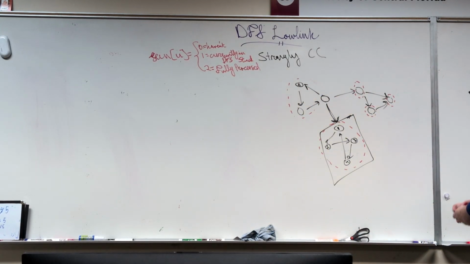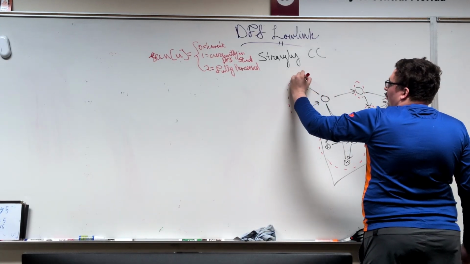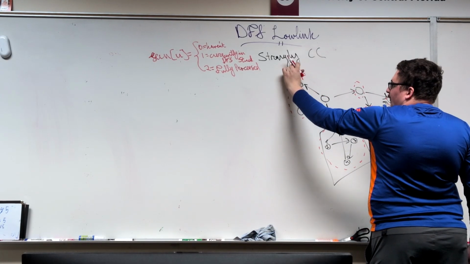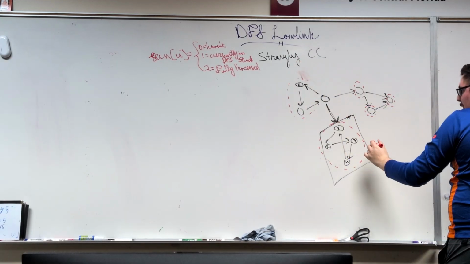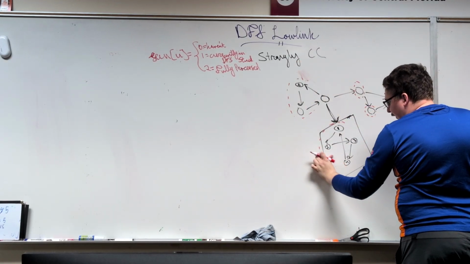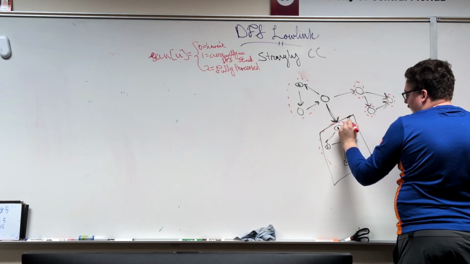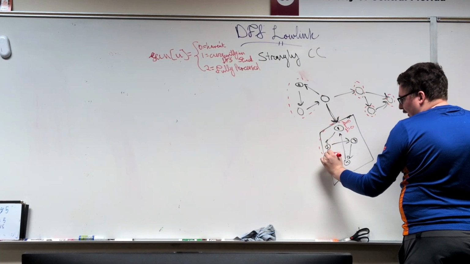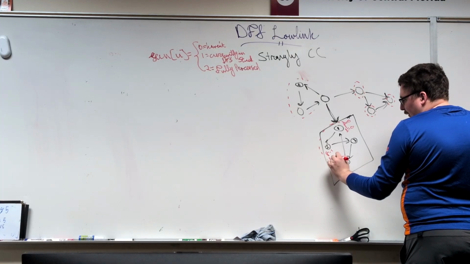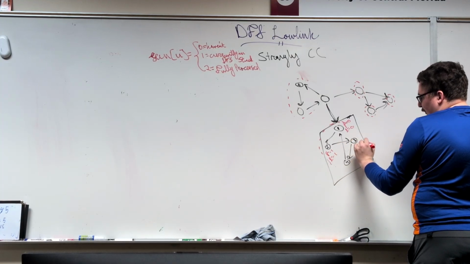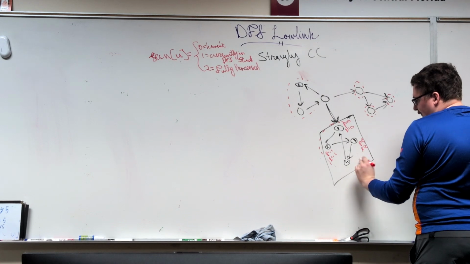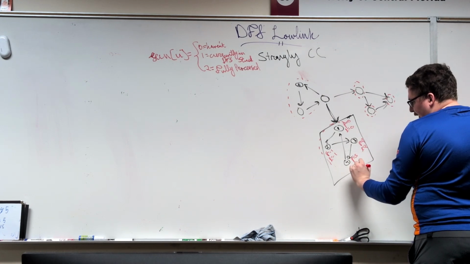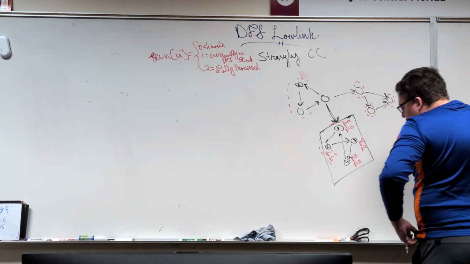So now, we'll once again start DFSing. We'll do the example here where I start here. Say this pre-order is 0, this low link is 0, we DFS here, pre-order is 1, low link is 1, pre-order is 2, low link is 2, pre-order is 3, low link is 3.